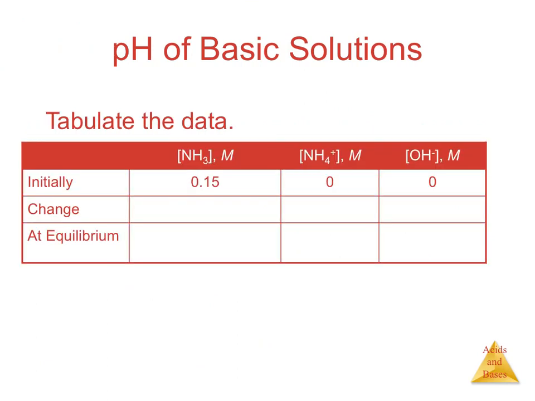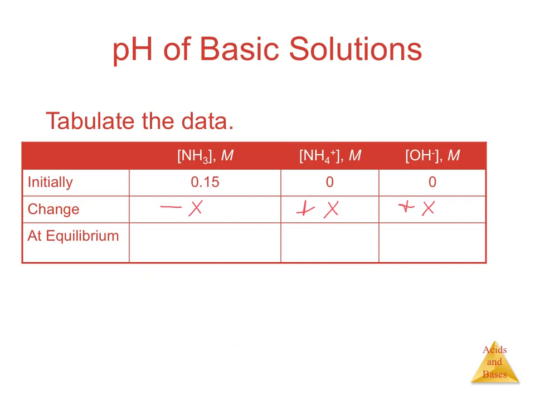I could set up an ice chart. I have an initial concentration of ammonia, and I have no ammonium and no hydroxide when I first start this reaction. For the change, I'm going to lose some of my ammonia. I don't know how much, so I'm calling it X. Plus X for the ammonium, plus X for the hydroxide.